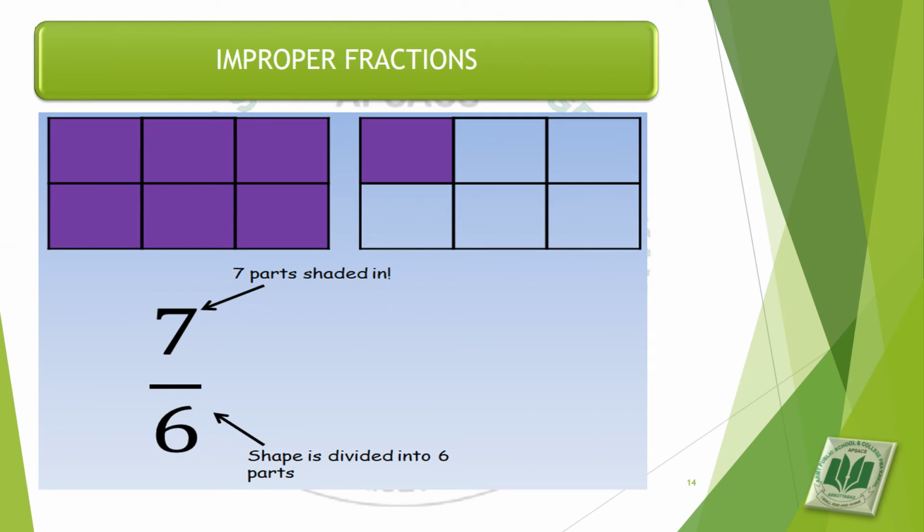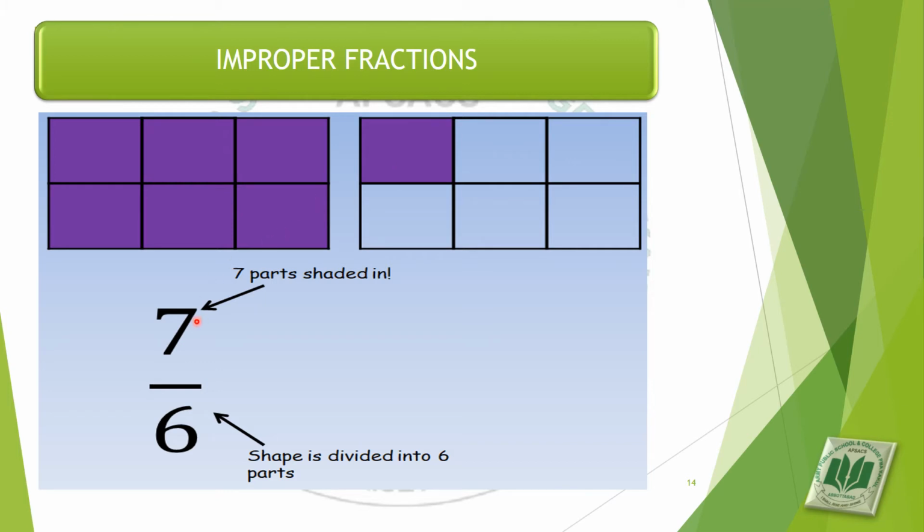Here we will learn how to write improper fractions. Students, you can see here we have two shapes. The first shape is divided into 6 parts and the second shape is also divided into 6 equal parts. Now you can see in both the shapes we have 7 parts that are shaded.